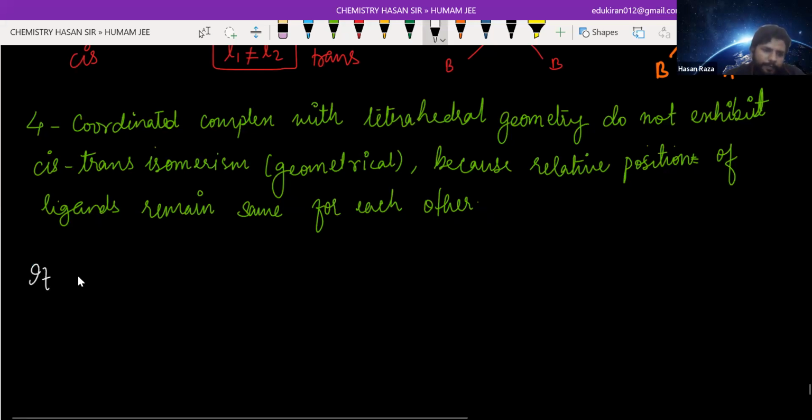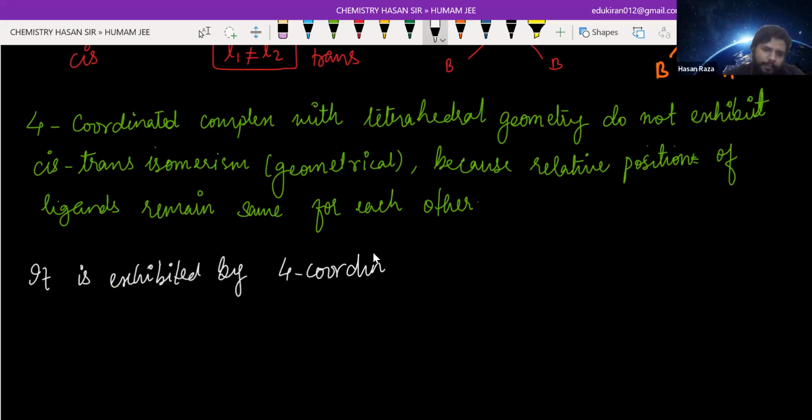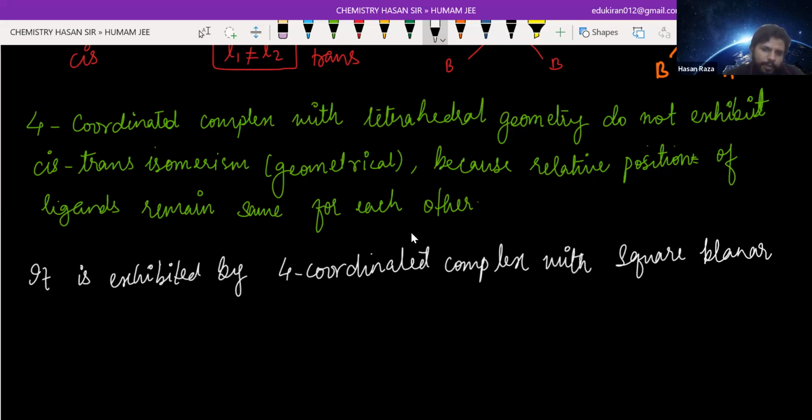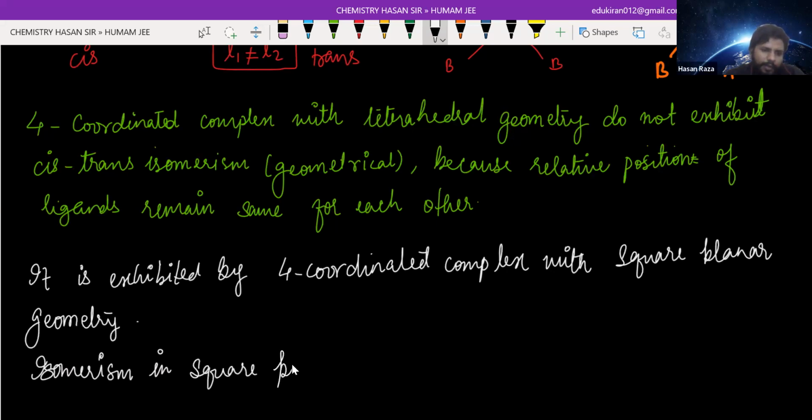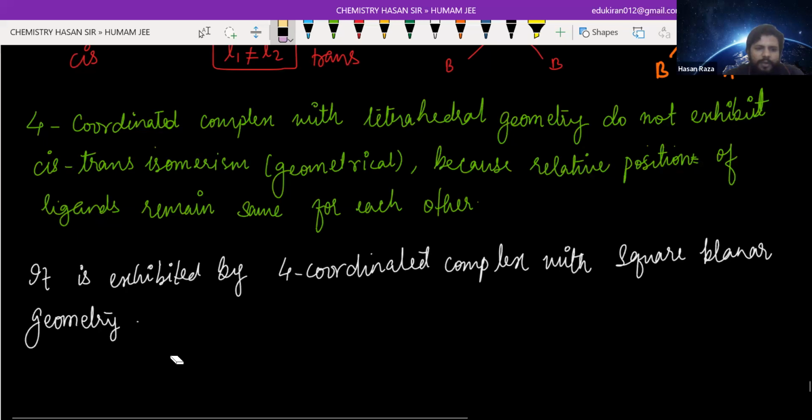Next point we can write. It is exhibited by 4 coordinated complex with a square planar geometry. Isomerism in a square planar geometry.